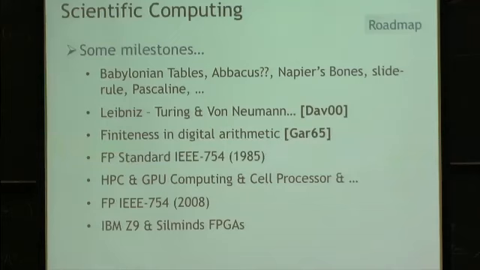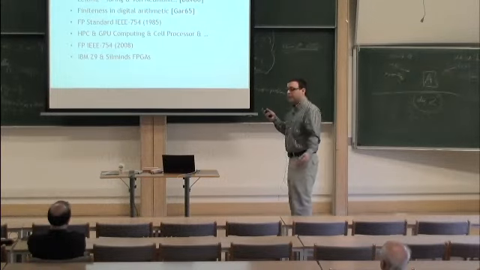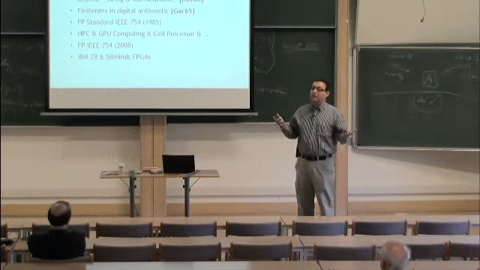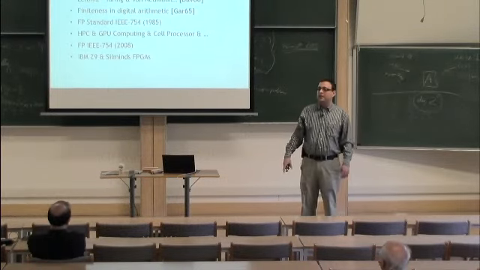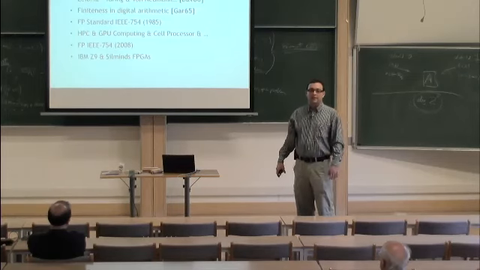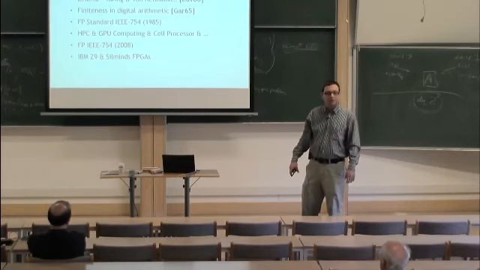I would like to start by giving you some milestones which I consider interesting in the field of scientific computing. We have Babylonian tables in which the Babylonians performed multiplications. They already knew how to multiply. Then we have an interesting device, the abacus, which is thought to be Chinese, but I have read a paper recently in which they say it is a Babylonian invention also.